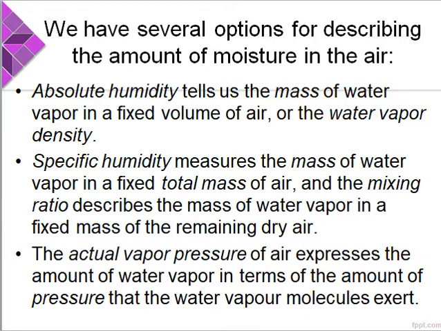And the mixing ratio describes the mass of water vapor in a mass of the remaining dry air. And lastly, the actual vapor pressure of air expresses the amount of water vapor in terms of the amount of pressure that the water vapor molecules exert.